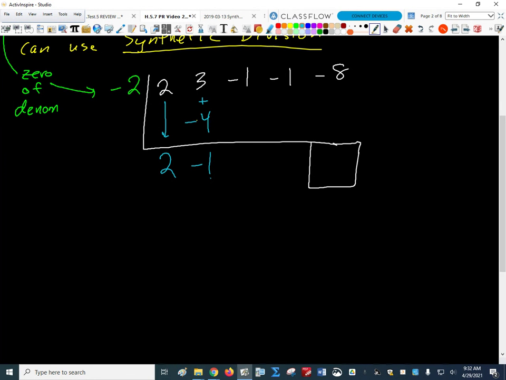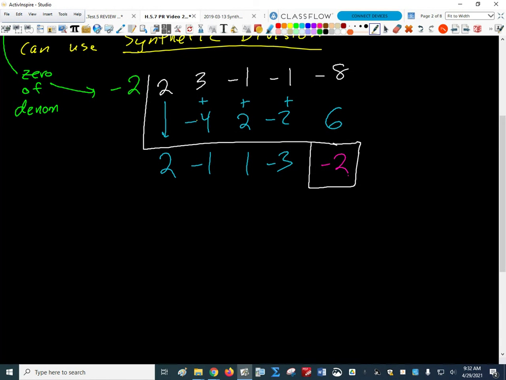Okay. New number appeared below the bracket, so I multiply by the outside 0. -2 times -1 is 2, and I add and get +1. -2 times 1 is -2, and I add those and get -3. -3 times -2 is +6, and I add those and get -2.